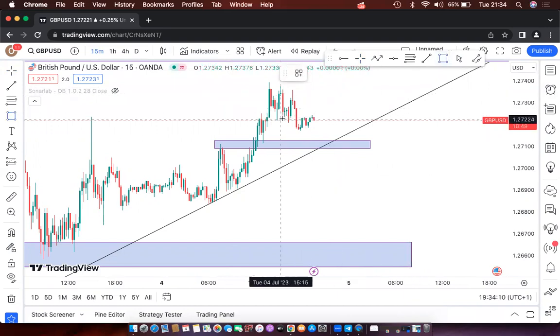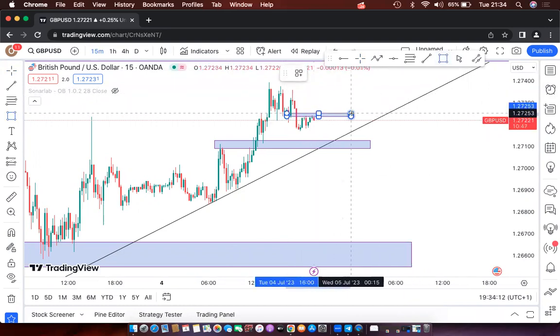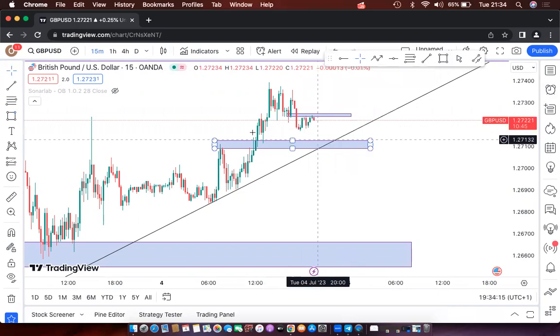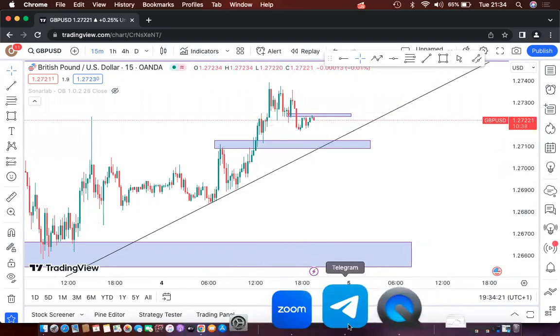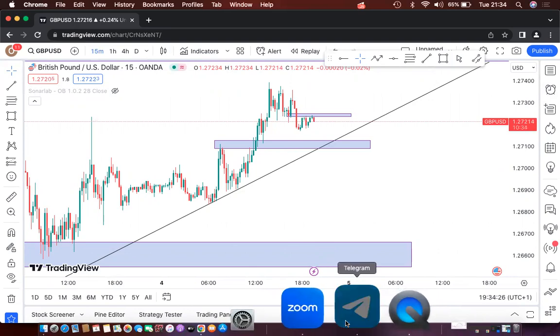Right now I can see the market is not pushing above, so I just see what's happening. Will it come down here and push up? I'm just waiting, watching what's going on. So that's how I trade. Simply that.